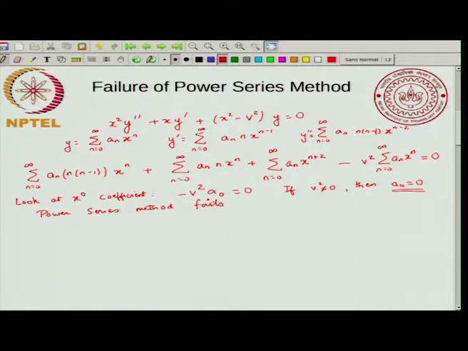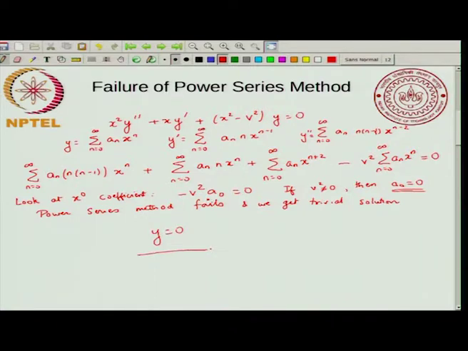With a_0 equal to 0, you can see from here that all the even powers will be 0, and if you do the same thing, you will also get that the odd powers go to 0. So, the power series fails and we get the trivial solution y equal to 0.